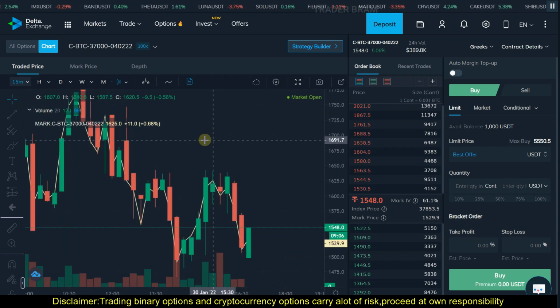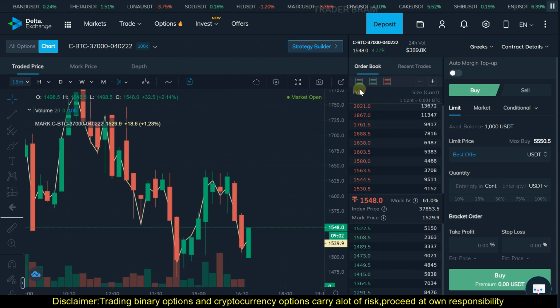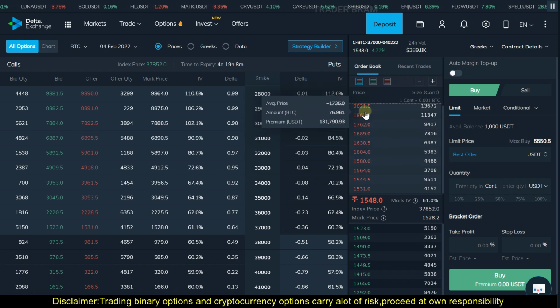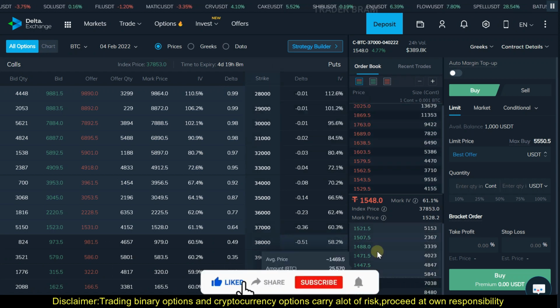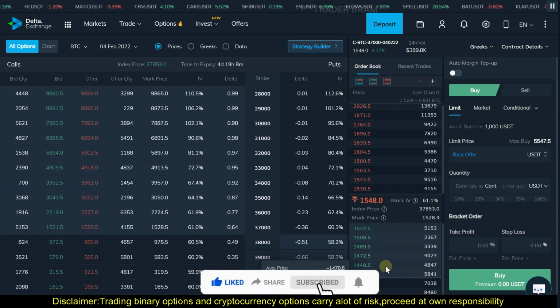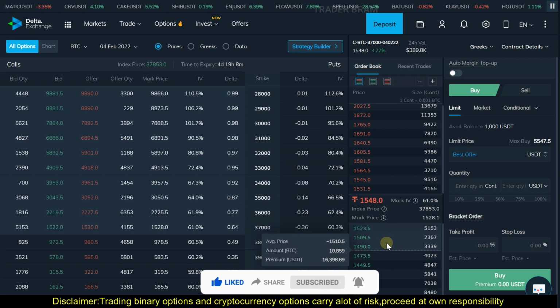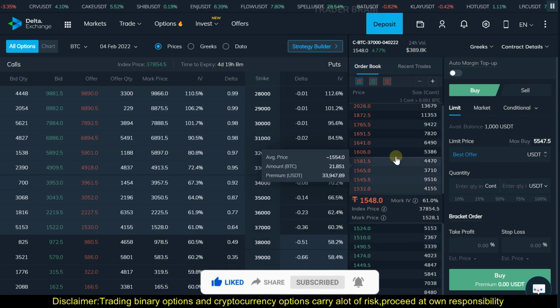So from that area, when you go on this side, we have the order book. On this order book area, we can see the sell options on this upper side and the call options on this lower side. So these two areas represent the sell and call option prices.